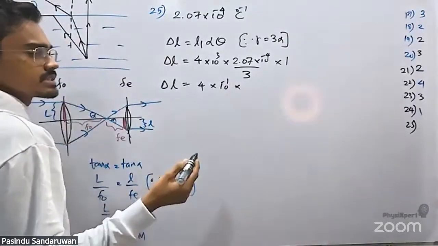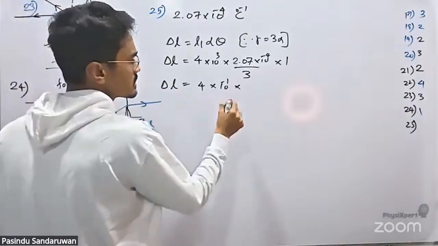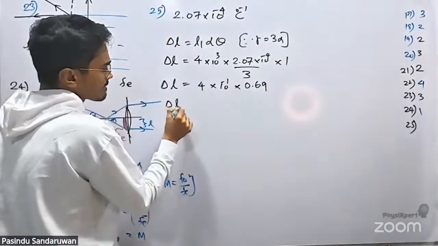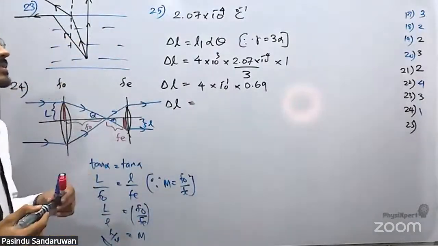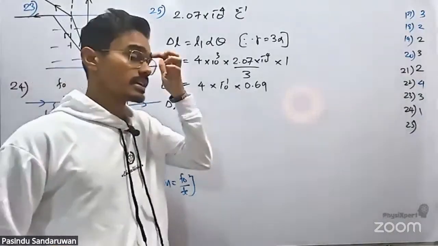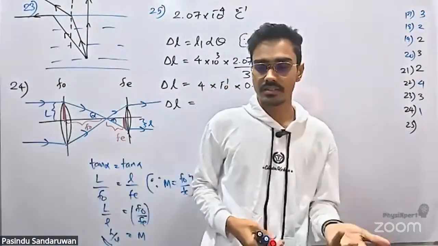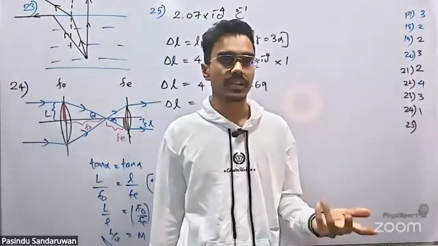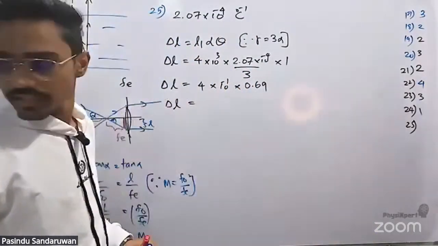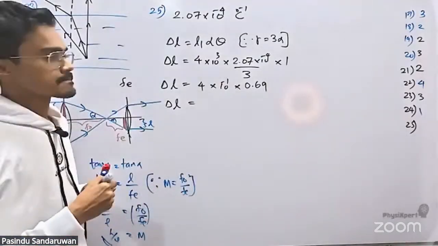Then 2.07 divided by 3 is 0.69. 4 times 0.69 is 2.76, which means 0.276.